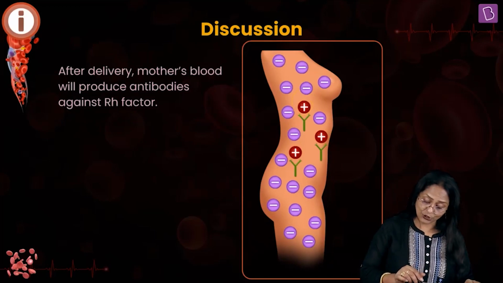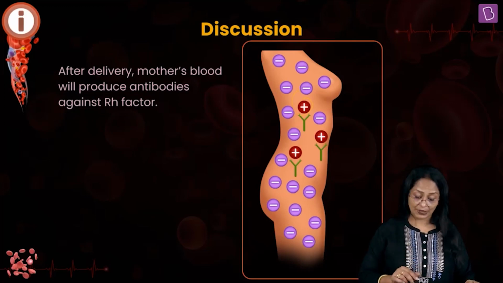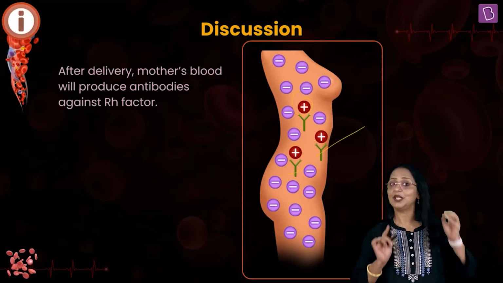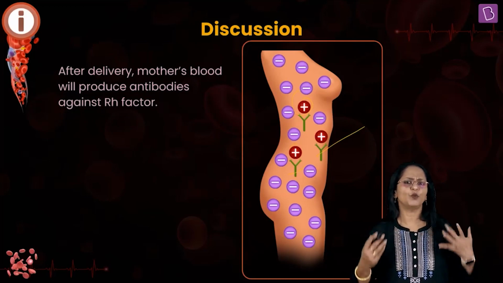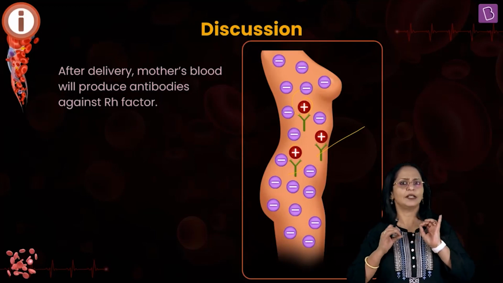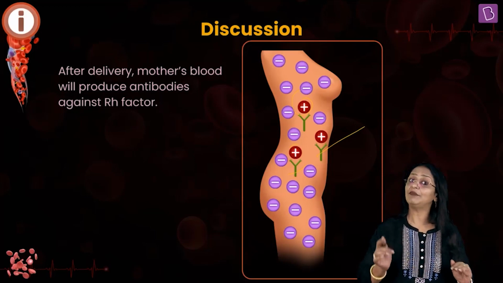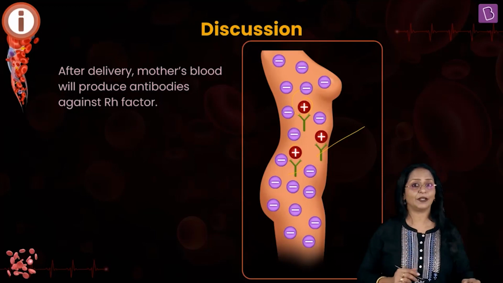In response to these Rh positive factors, antibodies start forming in the mother's blood. See, our body is built so beautifully that anything foreign comes, it is ready to fight it with the help of antibodies. So the mother develops antibodies against the Rh factor.